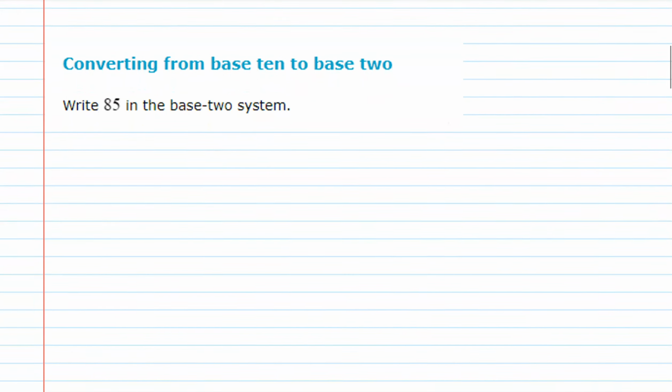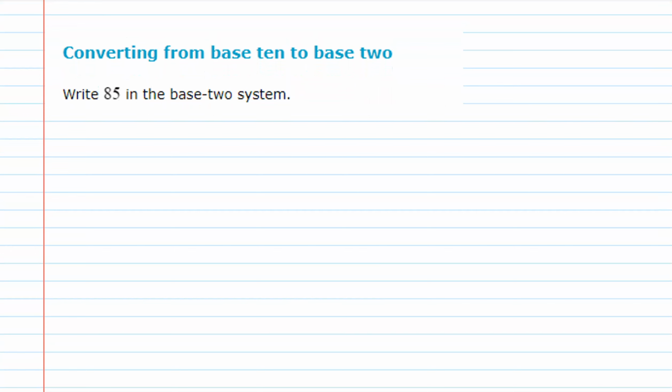Okay, now let's go the other way. So now we want to start at base 10 and go to base 2. So now we know about base 10. Let's talk about base 2. So base 2, that's only the numbers 0 and 1.